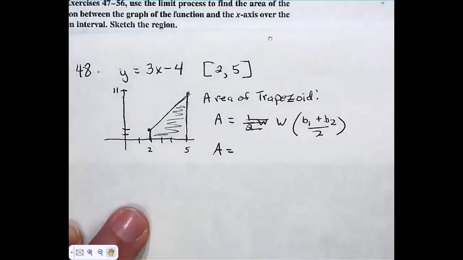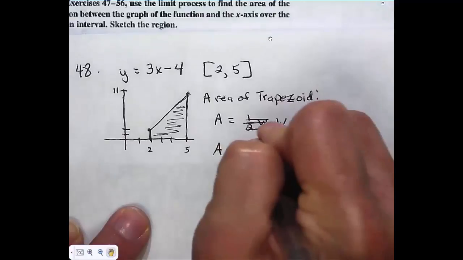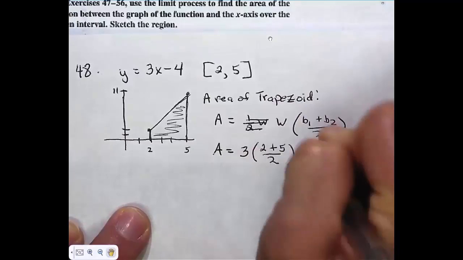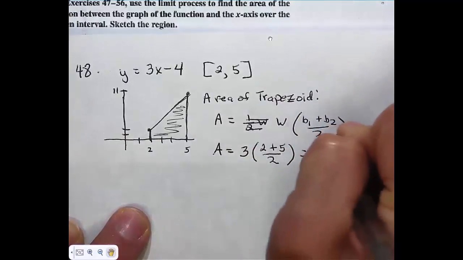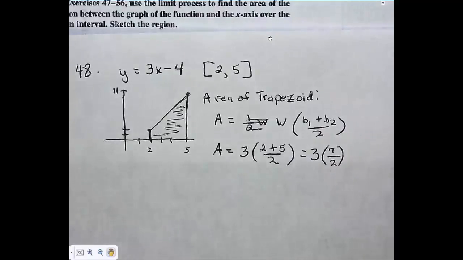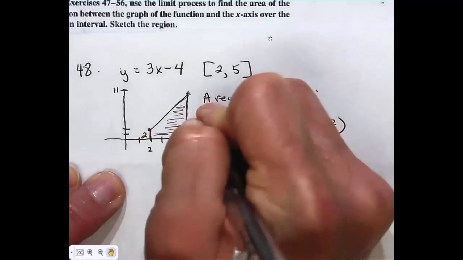The width of that trapezoid is 3. And then if I averaged the 2 plus 5, that's 3 times 7 over 2, that's 21 over 2. Wait, I was supposed to say the height of the short side is 2 and the height of the tall side is 11.